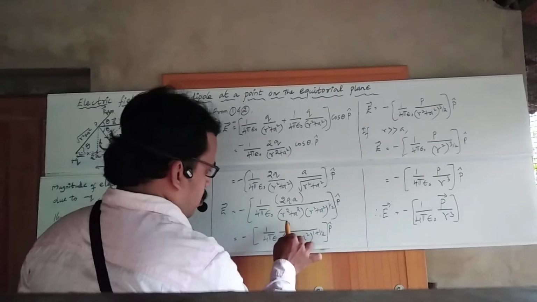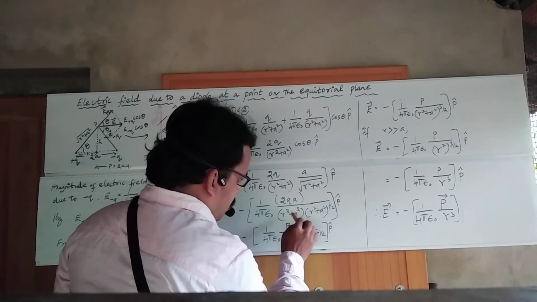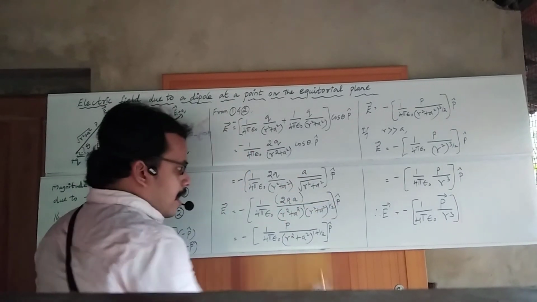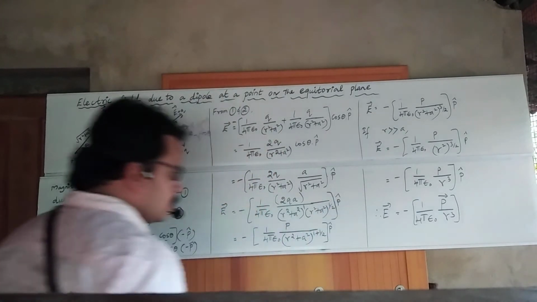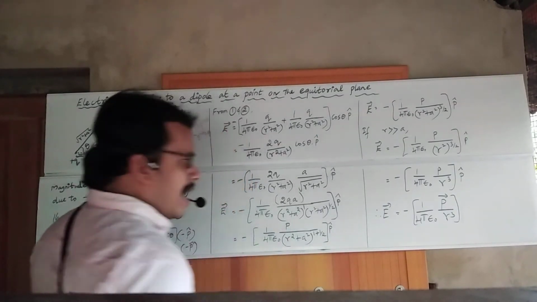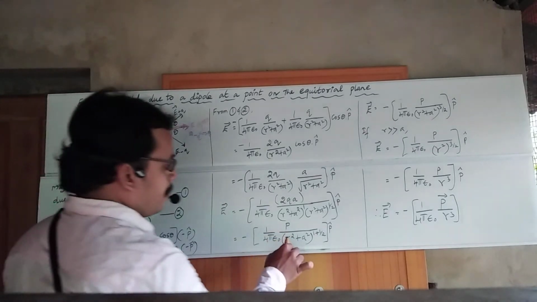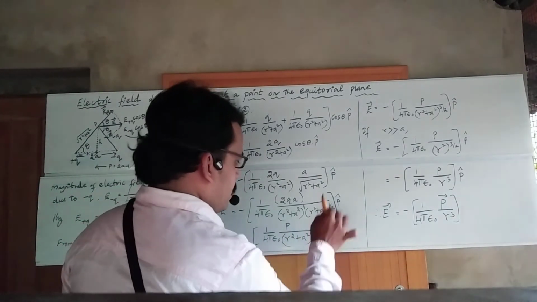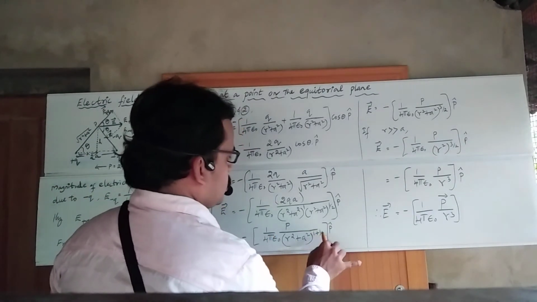1 by 4 pi epsilon naught P by R square plus A square to the power 1, into R square plus A square to the power 1 by 2. So if you multiply these two, I can write that as minus of 1 by 4 pi epsilon naught P by R square plus A square to the power 1 plus 1 by 2, into P cap. Correct, no? Got it? Yes, 1 plus 1 by 2.